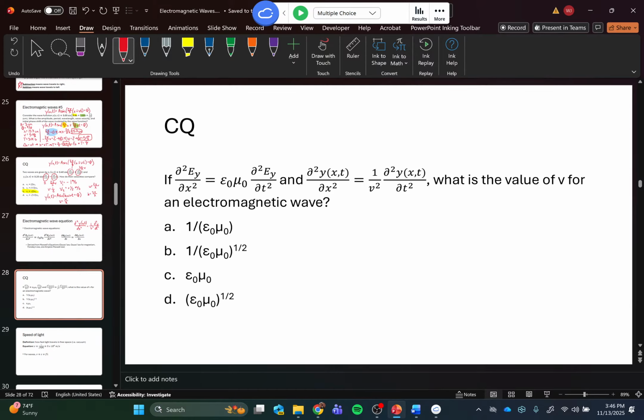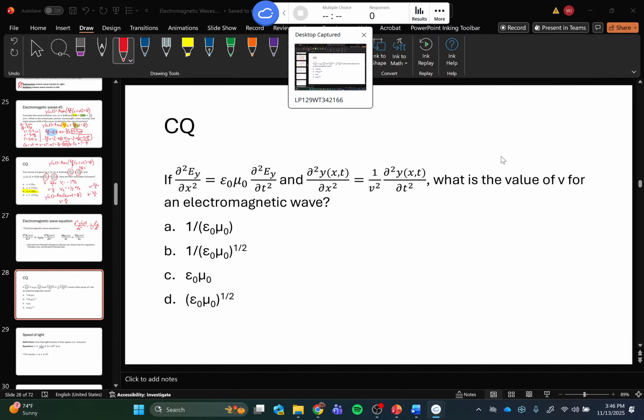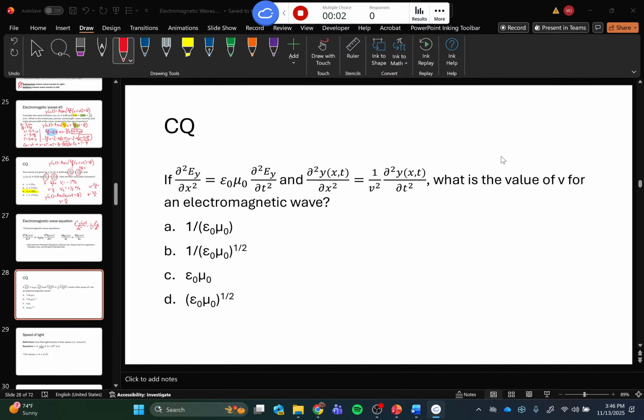And I want to see if y'all can solve for v. And fun fact, you can check your work. We know the value of v for an electromagnetic wave, but we'll calculate it in a second to prove it. They just come from comparing these two expressions, and if they're both true, they both have the same form, then we can do that.